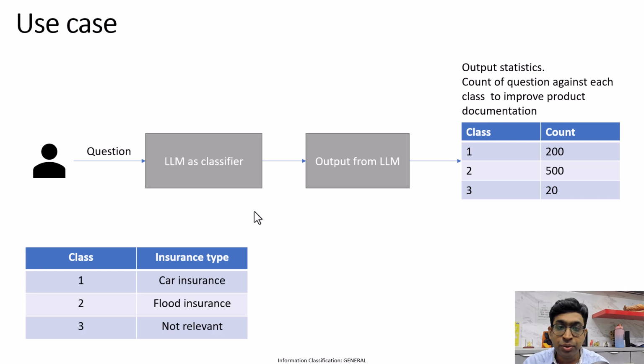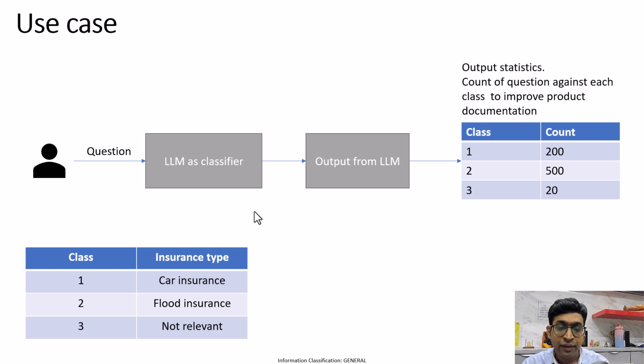Now let's assume that you are working in an insurance company and this insurance company has two different insurance types. One is car insurance and one is flood insurance. Now your job is to identify where users are asking most of the queries, and then you can improve the product documentation and provide suggestions so that you receive less of the query.